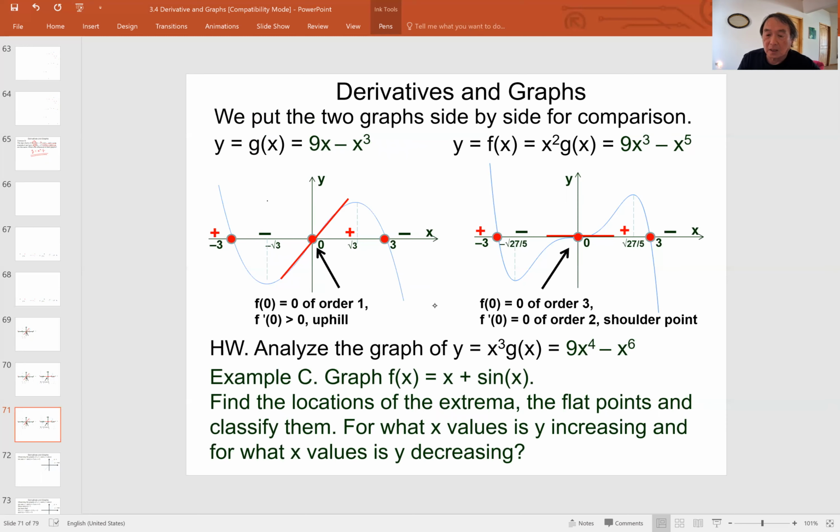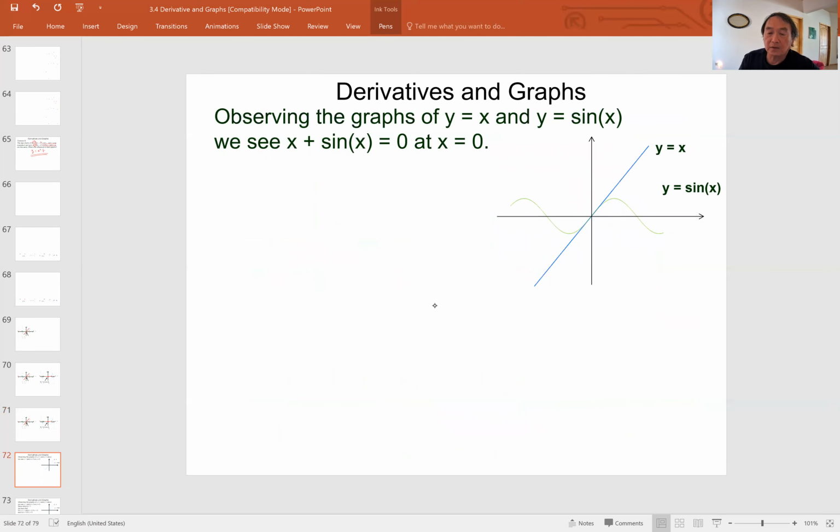Let's take a look at the graph of x plus sine x. First of all, notice that at the point 0, x plus sine x equals 0, so the graph passes through 0, 0.